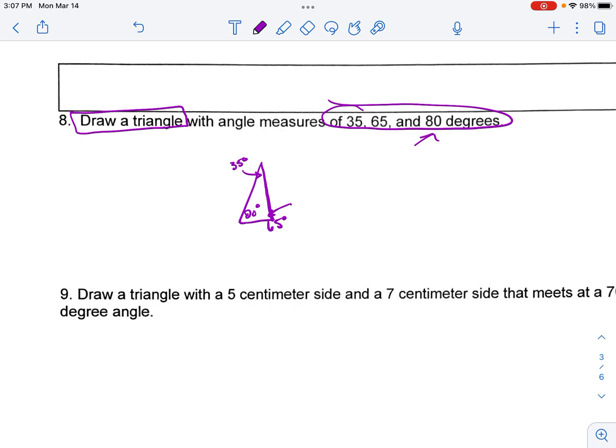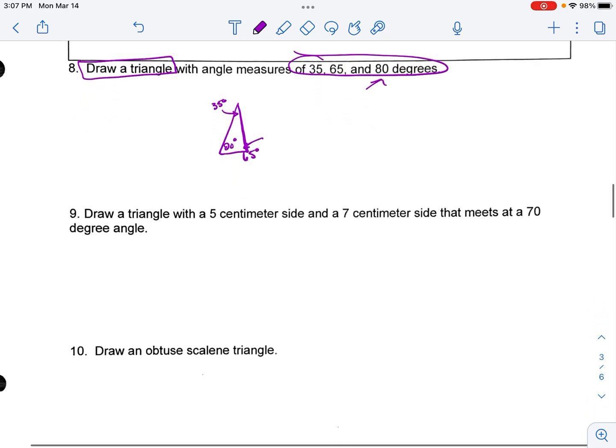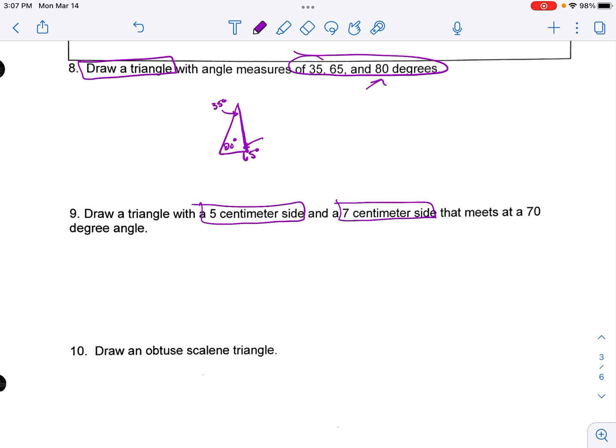Okay, on 9, one of your sides should be 5 centimeters. The other should be 7 centimeters, not 70, with a 70 degree angle. So again, think of a right triangle. It's got to be less than that.